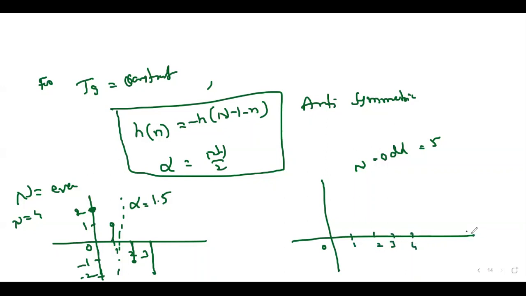Antisymmetric in the sense, you take one sample here, and the last sample will be in opposite direction, minus 2, and this is at plus 1, and this is at minus 1, and the center sample must be equal to 0 in order to cancel itself. So then only the equation will be satisfied. Okay, so these are the conditions for the linear phase FIR filter.